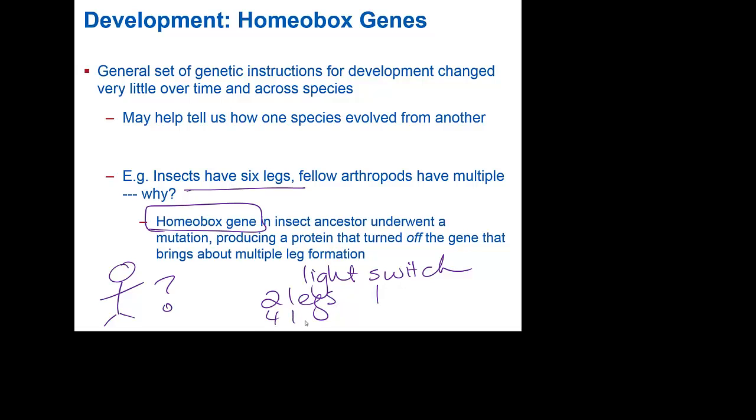If I want 4 legs, I turn it on twice. If I want 6 legs, I turn it on 3 times, and so on. Okay? So in this process, what we've got to think about is this is an overarching regulating mechanism. Okay? It's not going to make your toes pretty, all right? It's not going to make your fingers longer or shorter. It will, however, set up this body plan and give you the essential basis for making the rest of you.